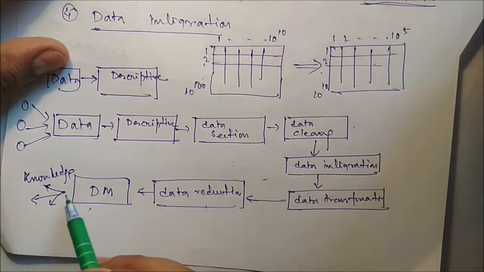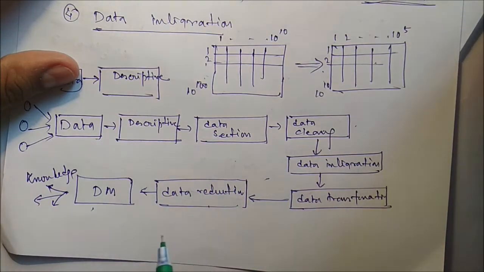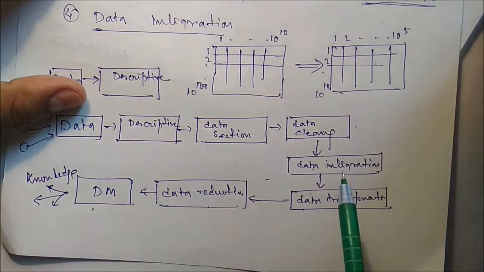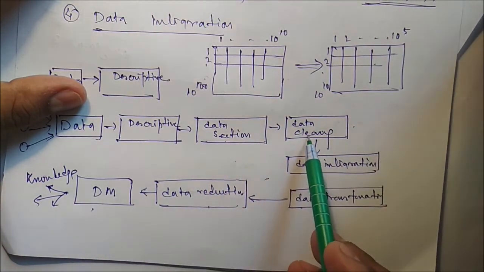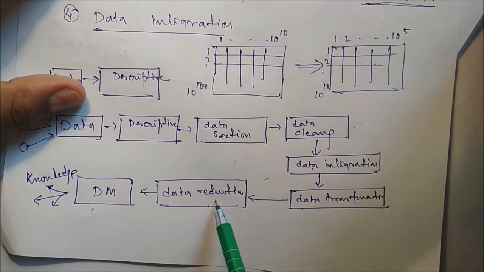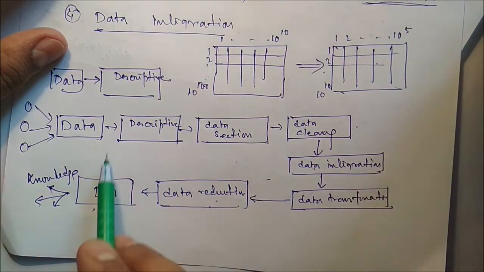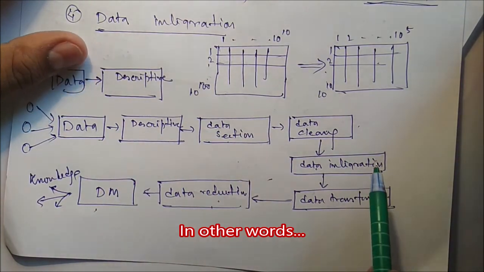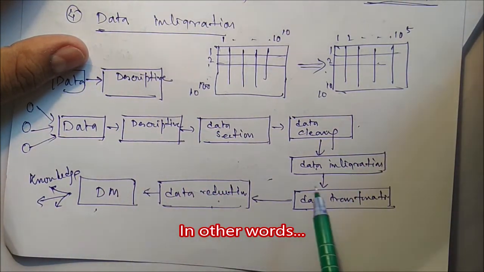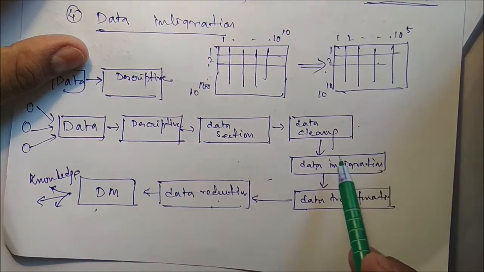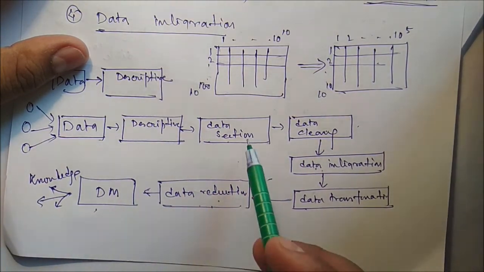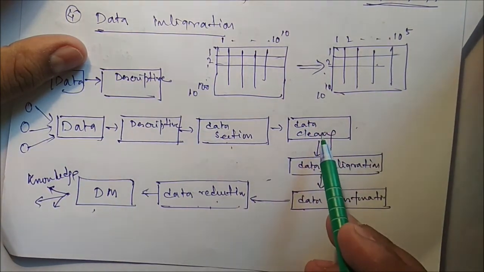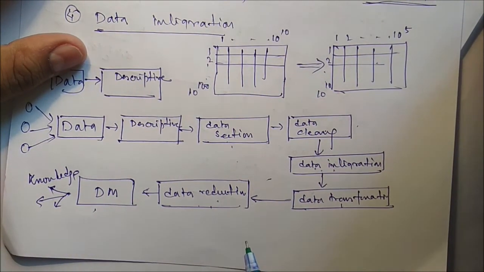The thing is, these steps may be interchangeable. We may first apply data integration, then data selection. After that data cleaning, or first data cleaning then data reduction. It depends on you. These steps are interchangeable, so we can apply any particular step first, then another, and so on.